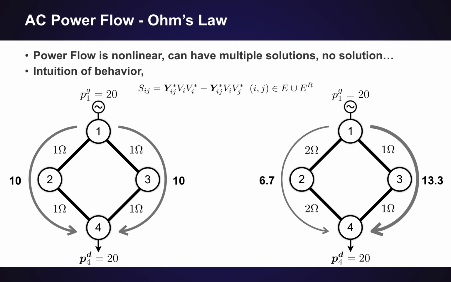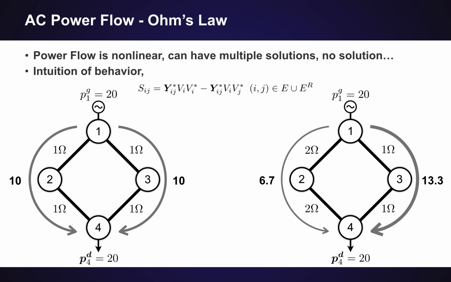So therefore, power is just flowing the way the physics of the grid determine. And our main way of controlling the flow of power is really by controlling the injections or the consumption of power. So that is a relatively limited amount of control relative to many other types of networks where you might be able to control specifically the flow over a certain edge.